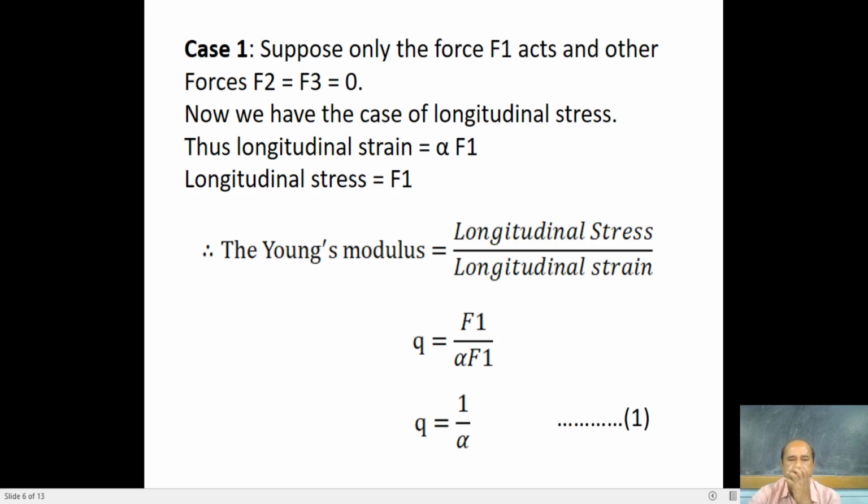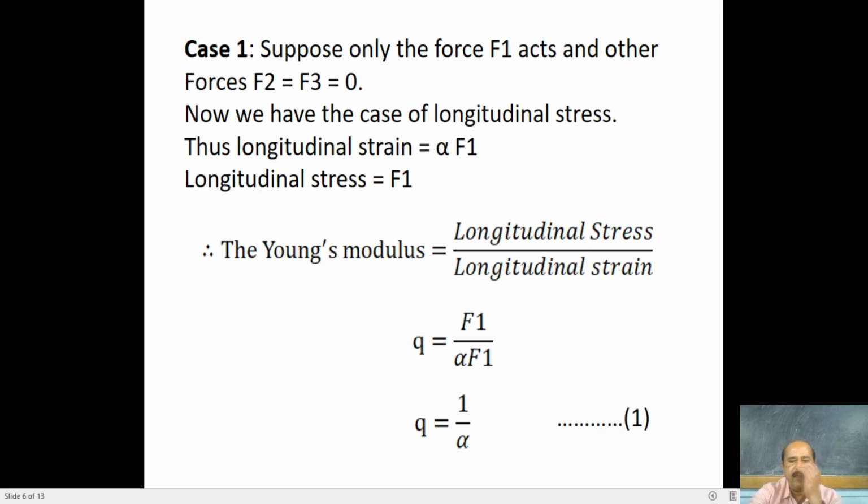Case number 1. Suppose only the force F1 acts and the other forces are 0, that is F2 and F3 are equal to 0. Then we have the case of longitudinal stress. The longitudinal strain is alpha into F1. Longitudinal stress is nothing but F1.